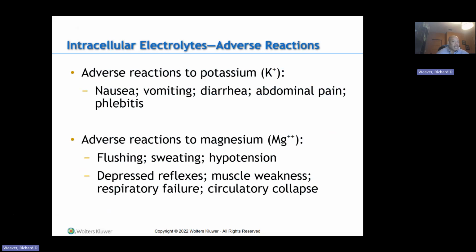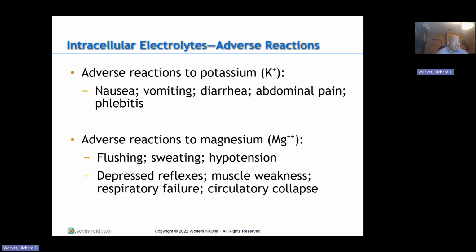Also severe hemolytic reactions. When someone has a hemolytic reaction, meaning, in other words, sometimes when patients are getting a blood transfusion, one of the negative reactions of a blood transfusion is that it causes the red blood cells to burst. And when those red blood cells burst, you're dumping a lot of potassium into the system, right? Because potassium is within the cells.